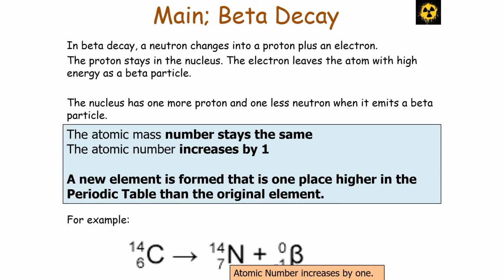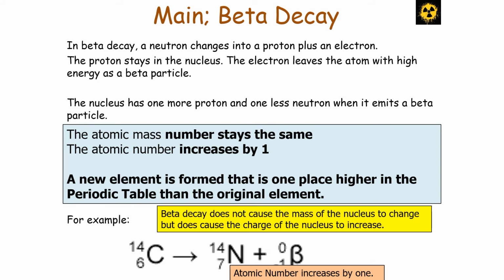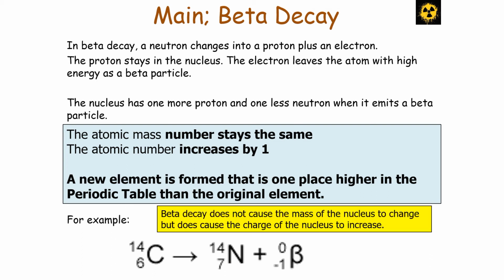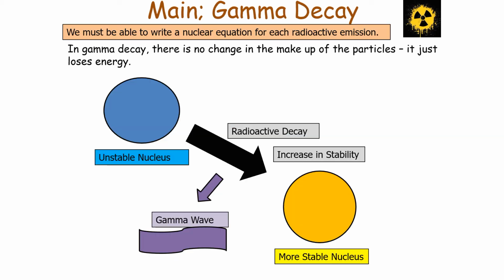So beta decay does not cause the mass of the nucleus to change, but it does cause the charge of the nucleus to increase, as the proton number has gone up by 1.